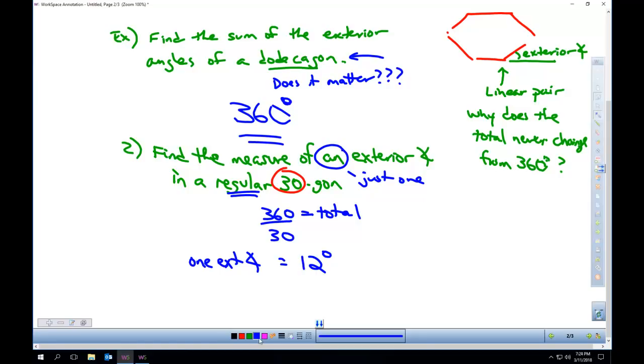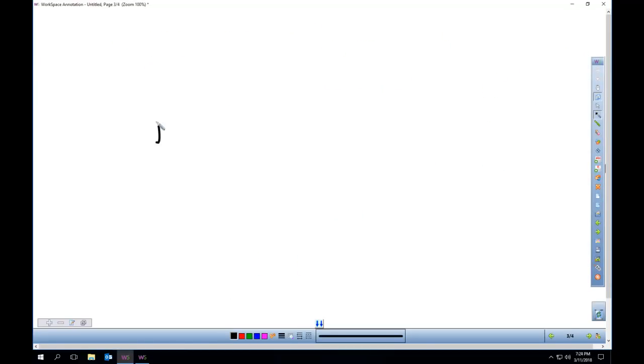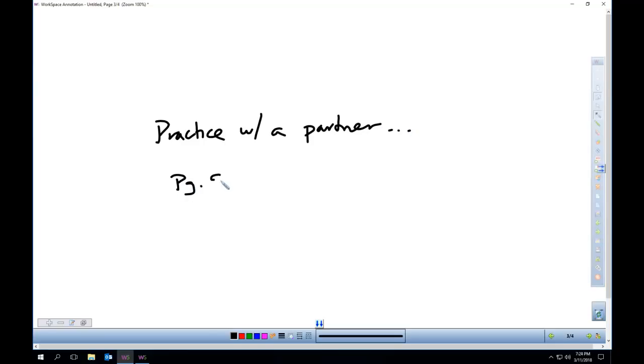What I'd like you to do at this point, now that you've been through this and seen a couple examples, is get with a partner who's in the same spot as you are, and practice some problems. Open your book and turn to page 508. There are some guided practice sections on 508 and 509.